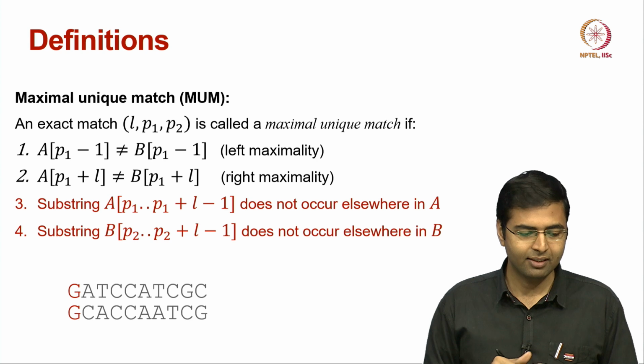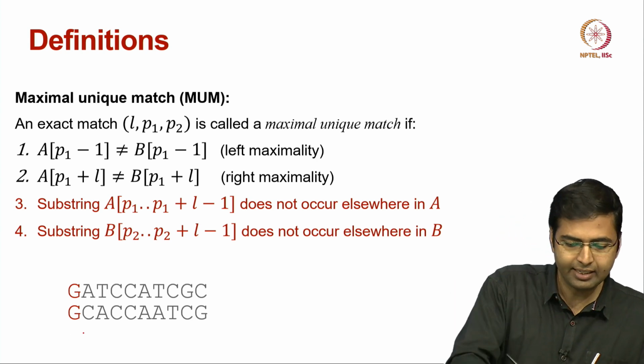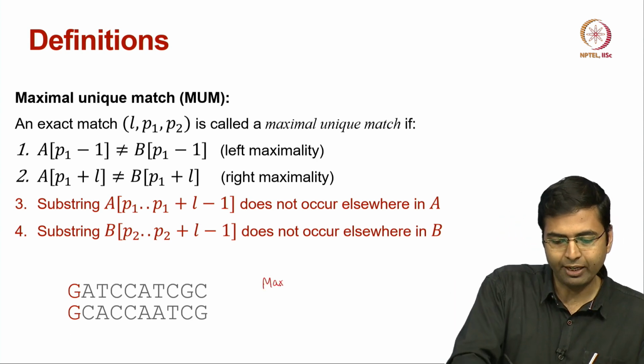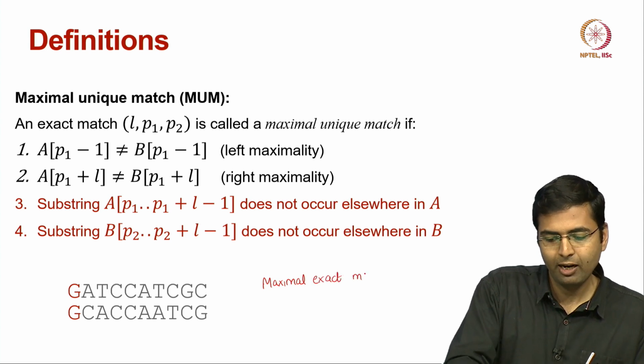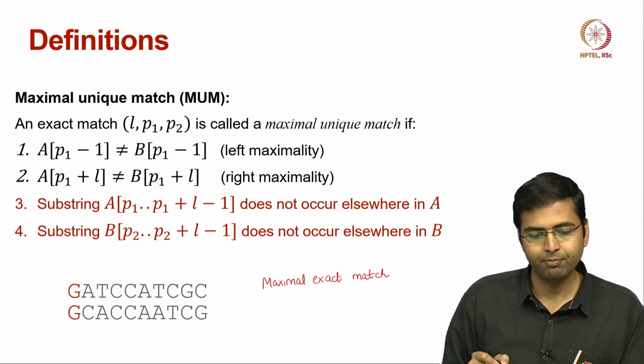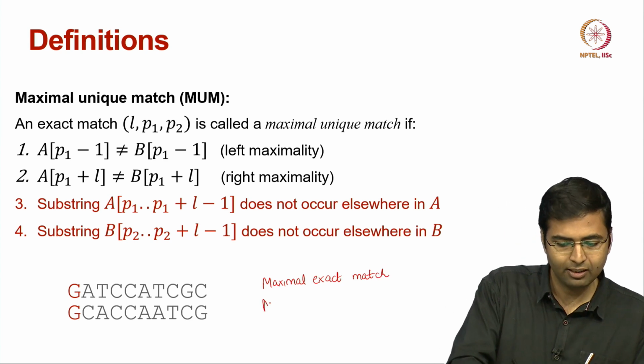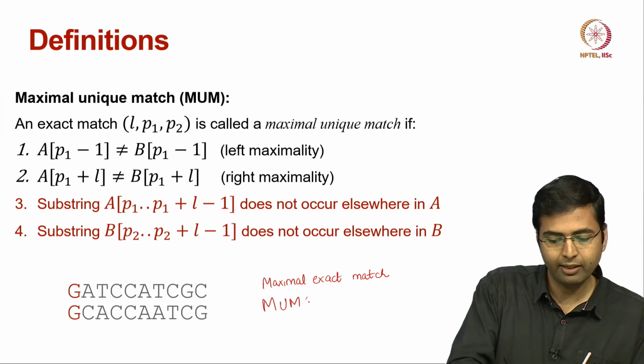In the previous slide we saw that G is a maximal exact match because it is both left maximal and right maximal. But is this a maximal unique match as well?